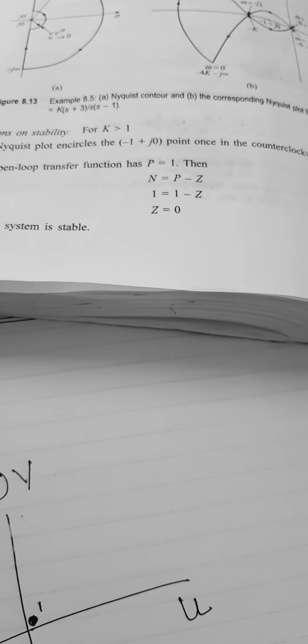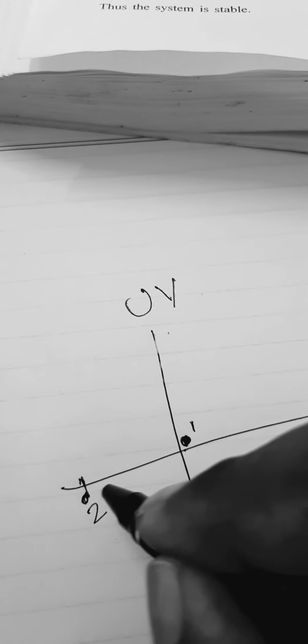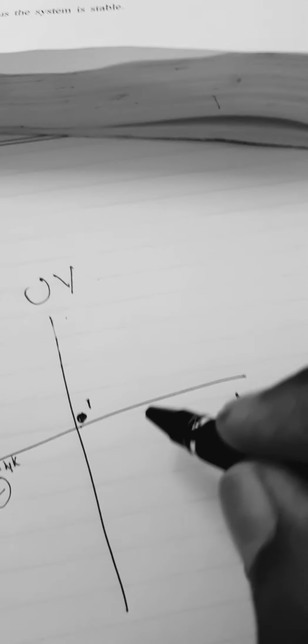Then plus 0 you are getting as minus 4k plus 0, that is minus 4k is here only. This is point 2. Minus 4k plus j0 means just above this, so this is point 3.